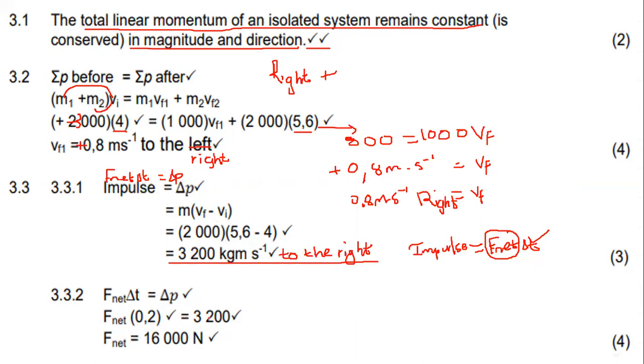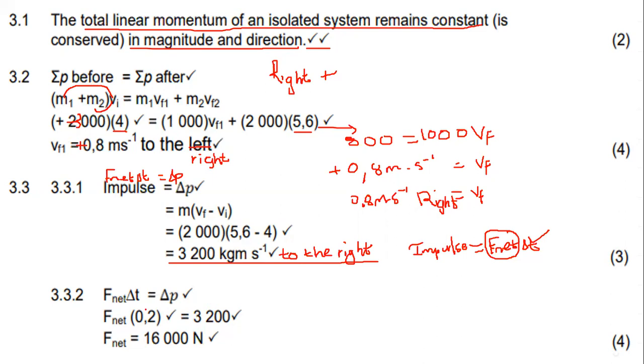And the change in momentum is a vector again, so I substitute it with direction, and the direction is positive, and hence it is just positive 3,200. So you don't substitute it without considering direction. The change in momentum must be substituted considering direction because it is a vector quantity.